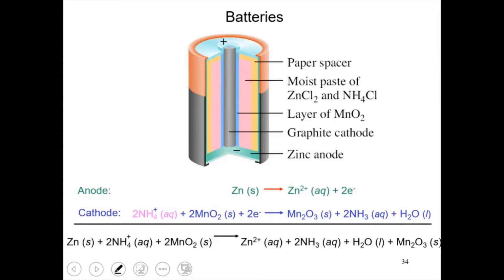Don't forget, the conversion of ammonium is not a redox reaction. There is no change in the oxidation state of nitrogen there, all right? So don't forget that. Acid-base reactions are not redox reactions. So that is essentially the functioning of a typical battery.